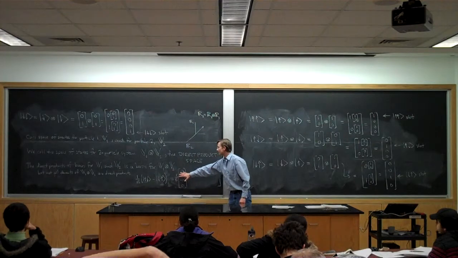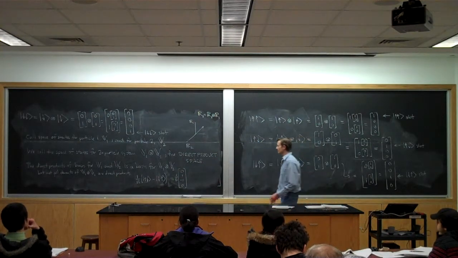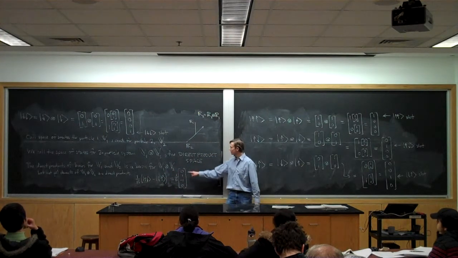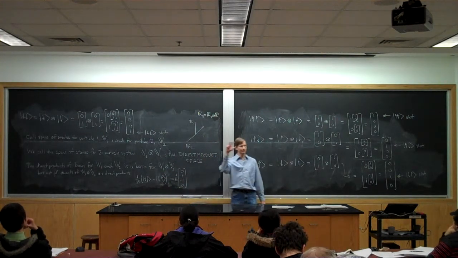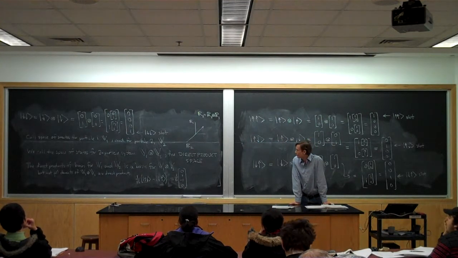the punchline here is that we've enlarged our space to handle situations where we have 2 particles instead of just 1, and we need 4-component column vectors if we've got 2 spin 1/2 particles to represent the result.